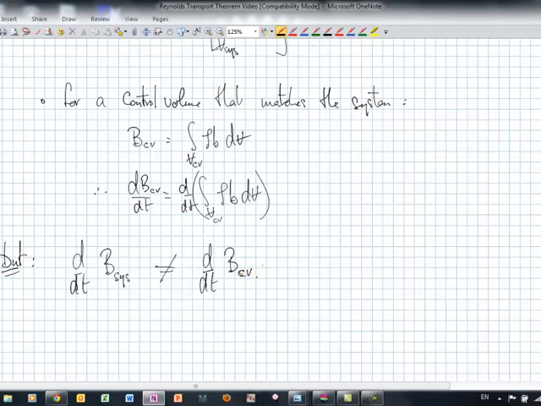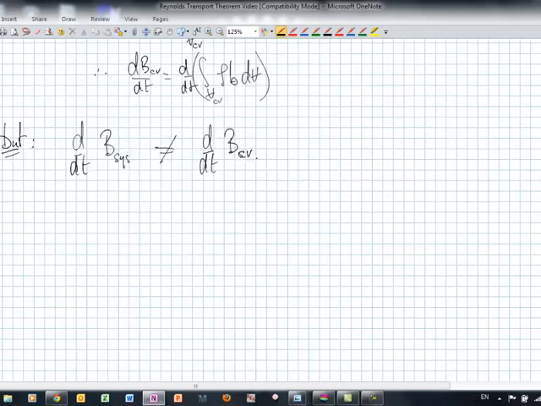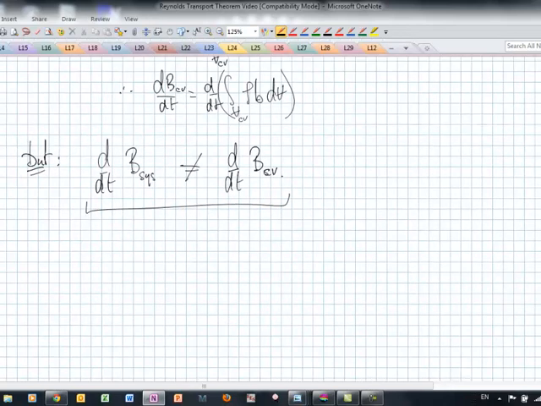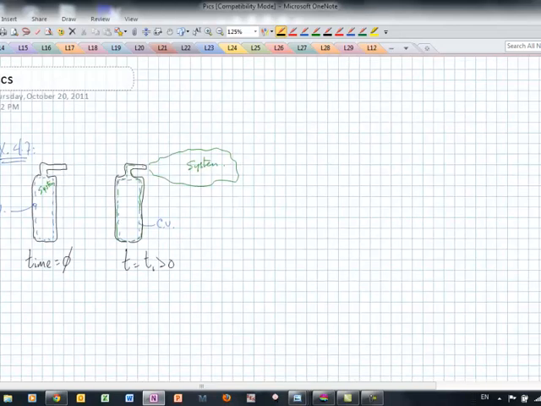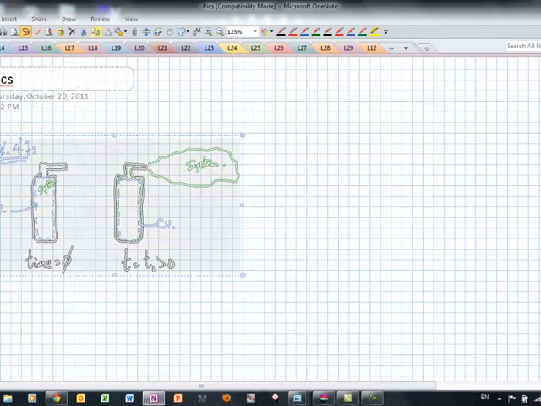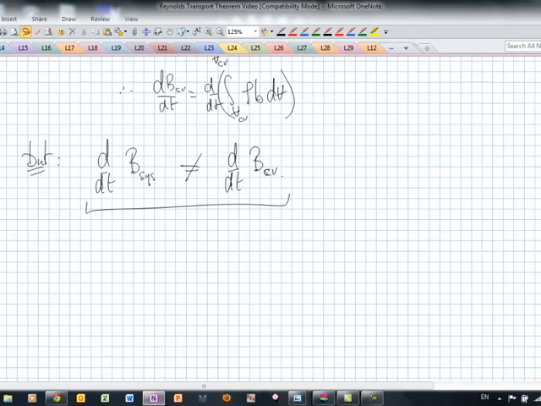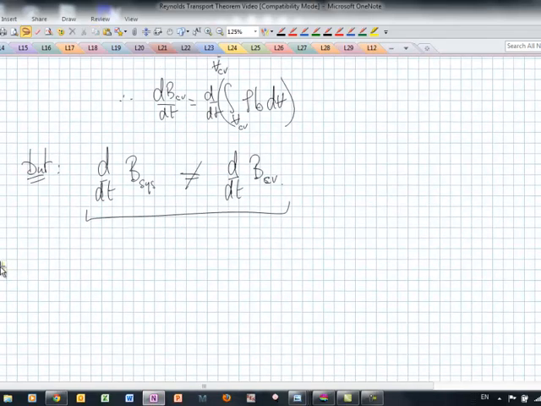So the best way to show this is to look at an example. If we can find one example for which the statement is true, then that means we can never assume that the rate of change of the system is the same as the rate of change of the control volume. This is an example that's in your book, and it's as good as any to illustrate this concept.